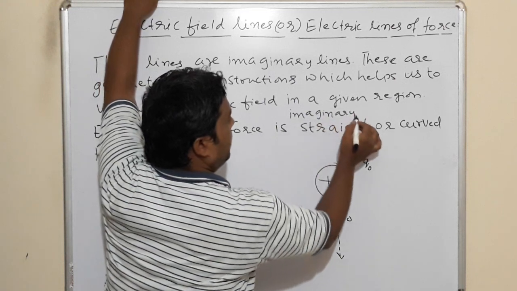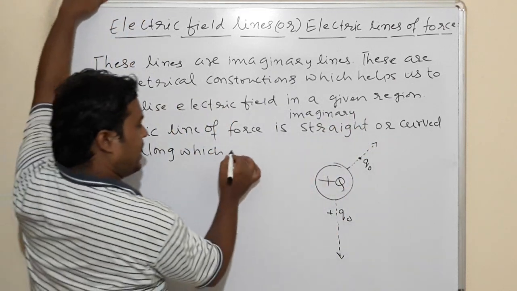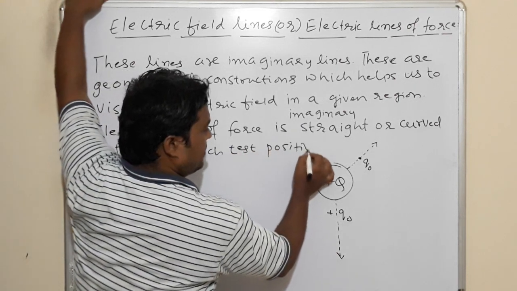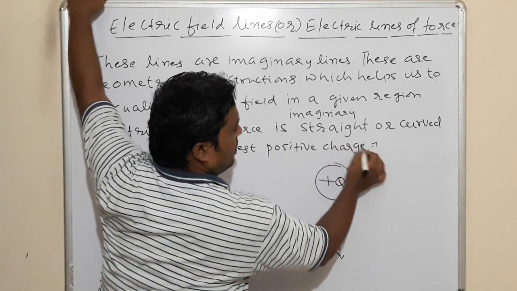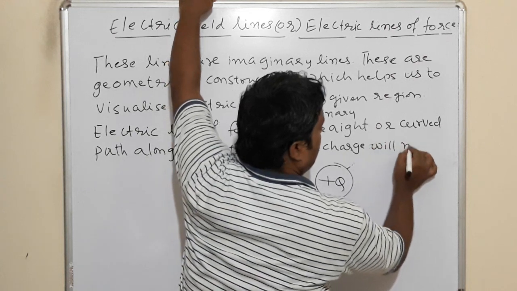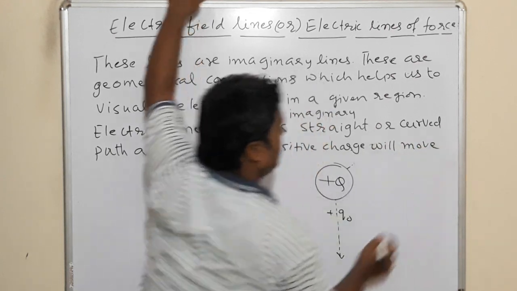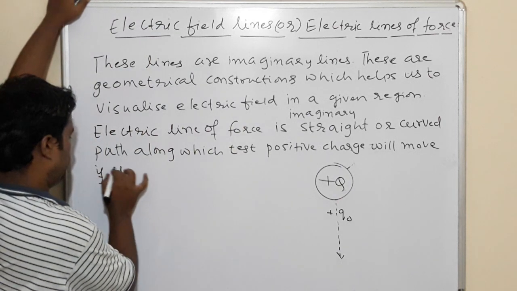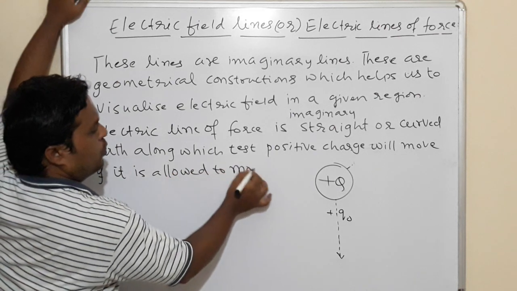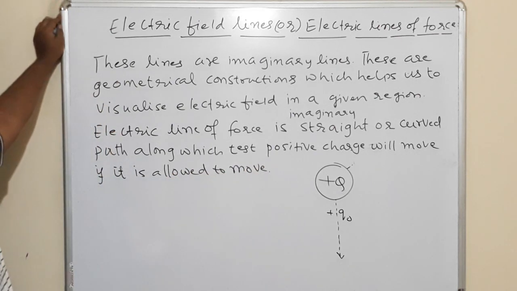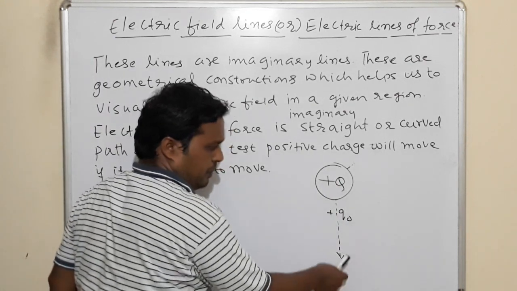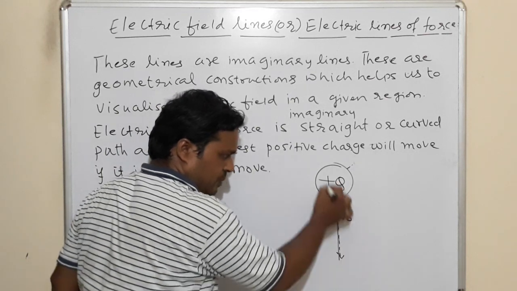Imaginary straight or curved path along which a test positive charge will move if it is allowed to do so. That means it is an imaginary path, imaginary straight or curved path along which a test charge moves like this.